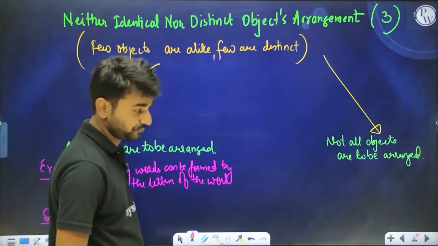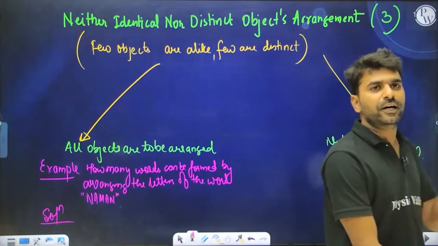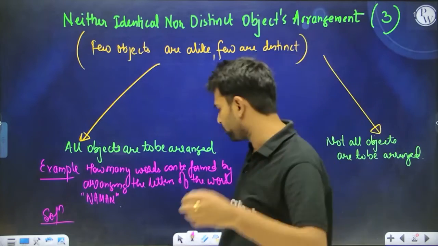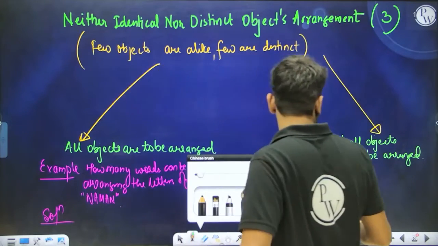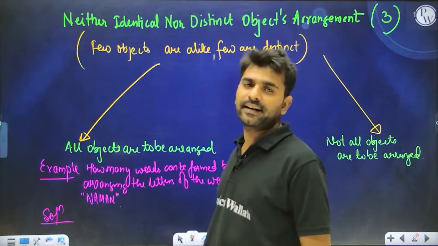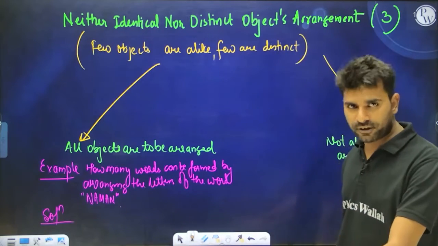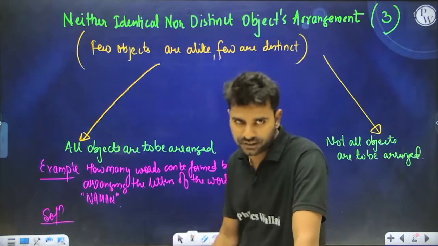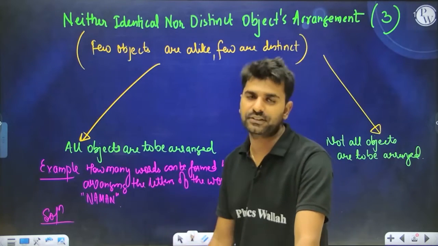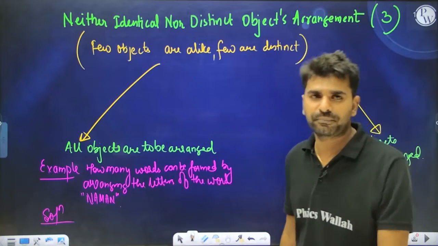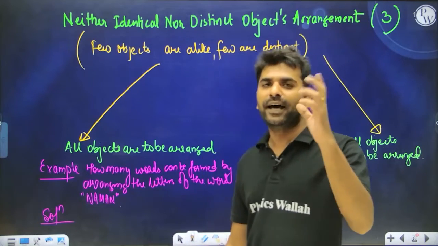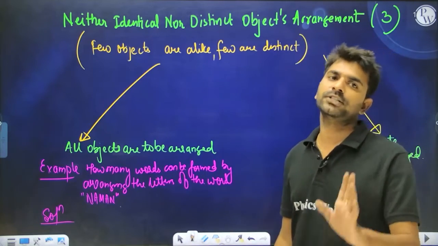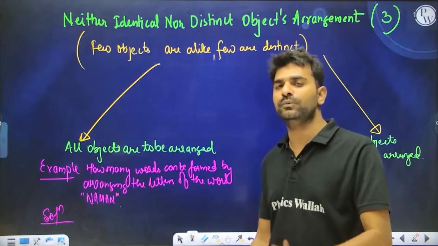Now understand. How many words can be formed by arranging the letters of the word Naman? So over here 5 things are there and we need to form 5 letter words. All the letters of the word we need to arrange. So 5 factorial will not be the answer. Neither 5P5 will be the answer. Neither 5C5 into 5 factorial will be the answer. And neither can you apply the multiplication rule. Can you understand this much?